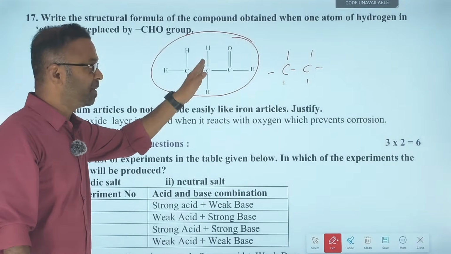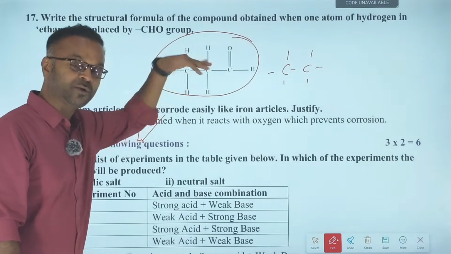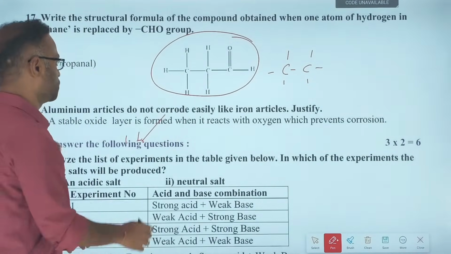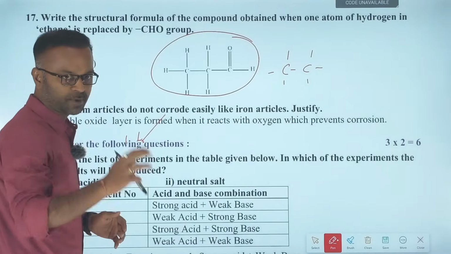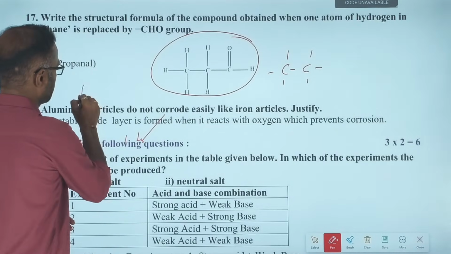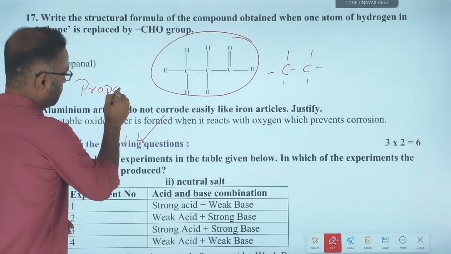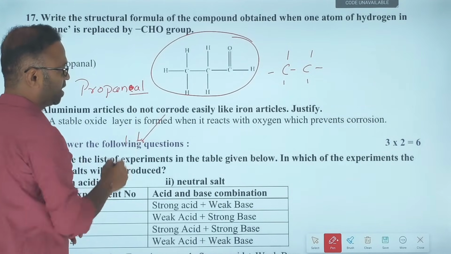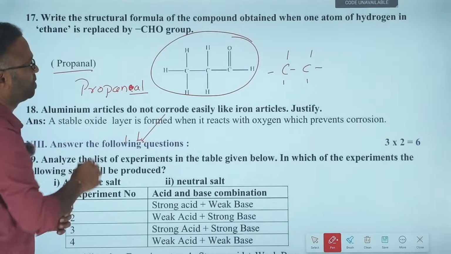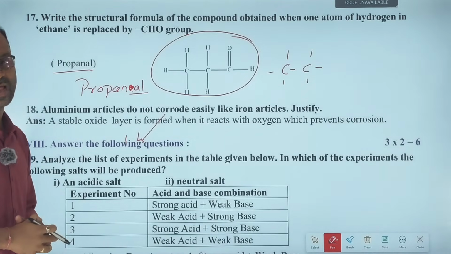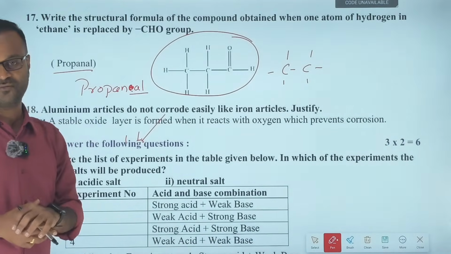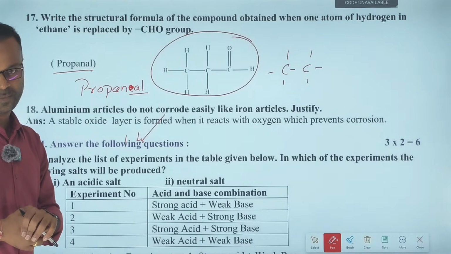If it is non-terminal, if it is in between, that will become a ketone functional group. Now as it is at the terminal end, 1, 2, 3, three carbons, prop. From propane we remove the E and add al. So the name of the compound is propanal, and we are supposed to write the structural formula for the same. Hope this is clear.